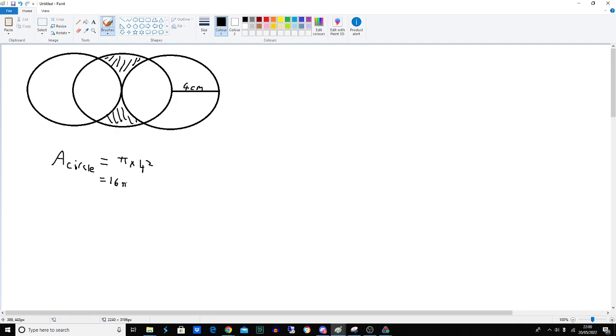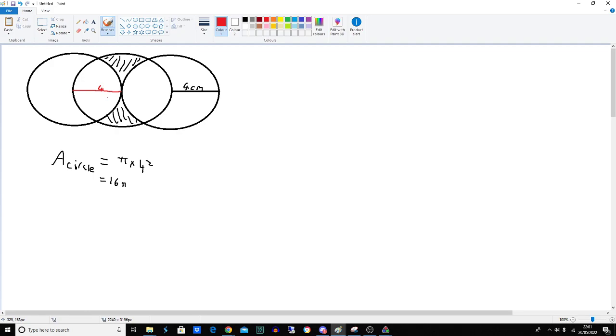Okay, that is step 1. Now, this is the part which is genuinely quite difficult. Now we need to work out what all of this is equal to. So the first thing we're gonna do is label this as the radius. This is obviously 4.